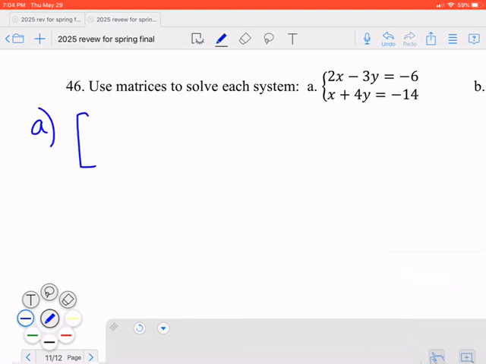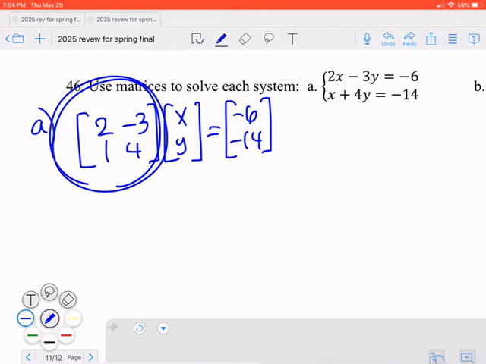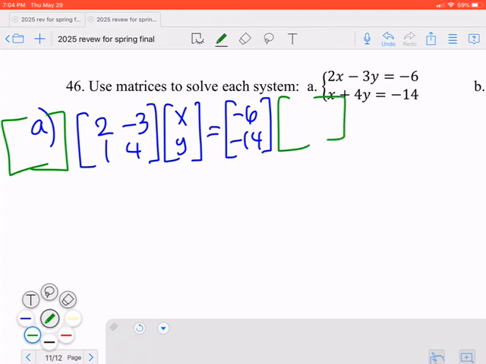So I make a matrix equation. 2, negative 3, 1, 4, xy, negative 6, negative 14. So what we're doing to solve for xy is to make this cancel, we're multiplying both sides by this one's inverse.